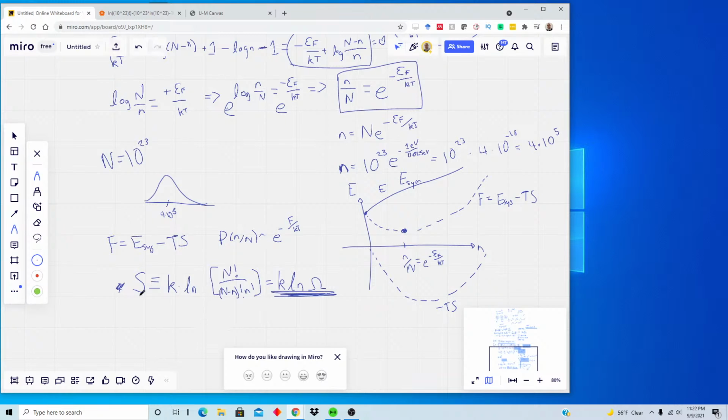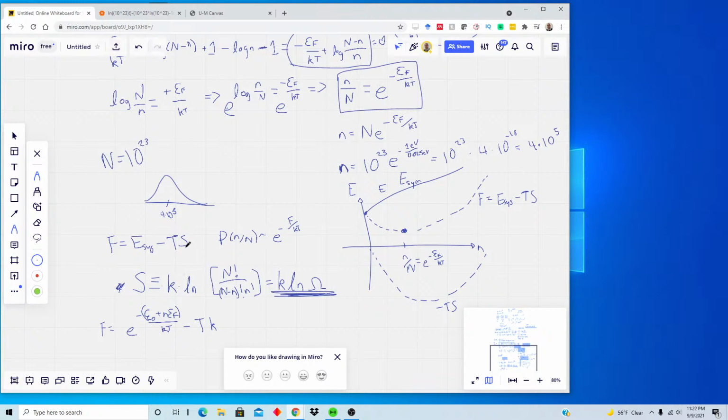And so, if we were to plug this, I guess reverse engineer it back into the whole thing, we actually end up seeing that we have our energy of our system, right? Minus T k ln of this.